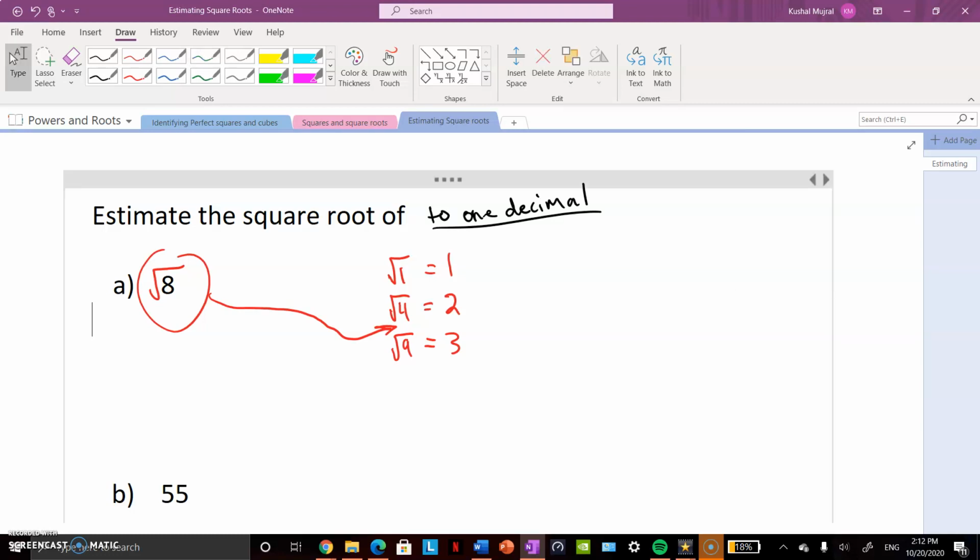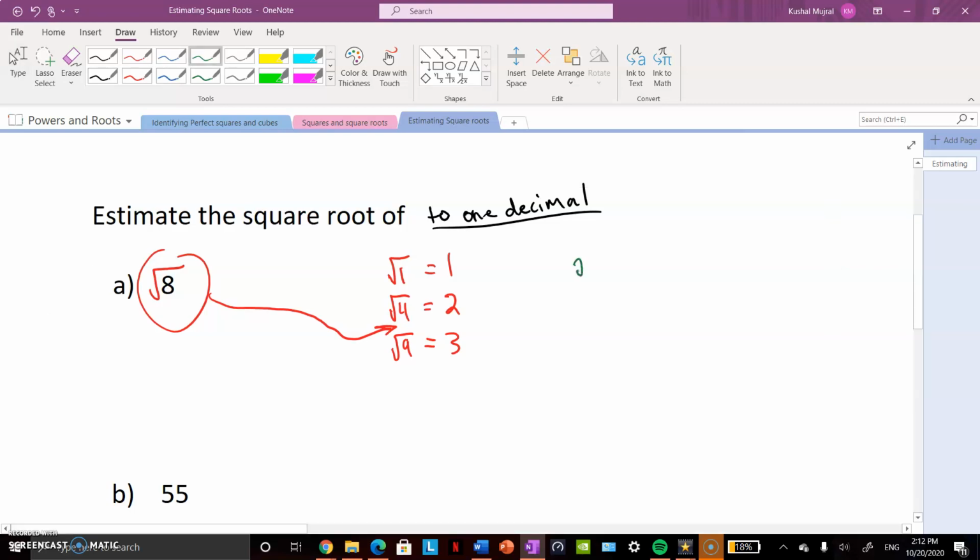So to try 2.5, we're going to see what 2.5 squared is. That's 2.5 multiplied by 2.5, which is 6.25. So that's not 8, right? We're trying to find the square root of 8.